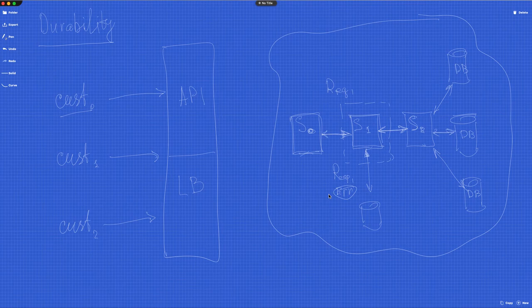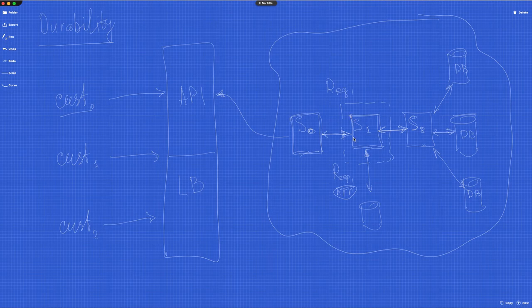Is that a bad situation? Obviously, yes. It doesn't look good. It means that service 0 wouldn't return the expected data to customer 0, and customer 0 has to deal somehow with those errors.